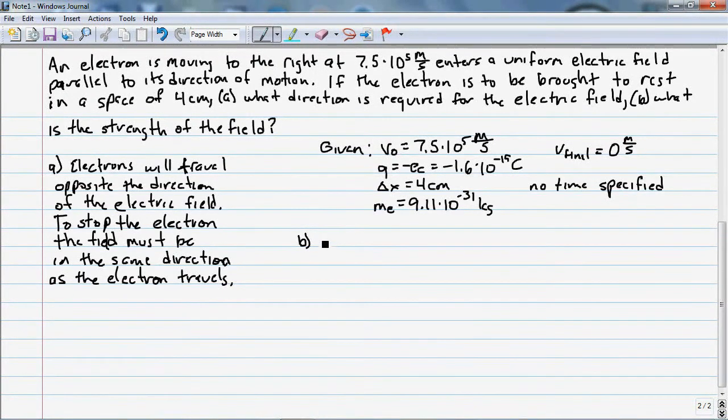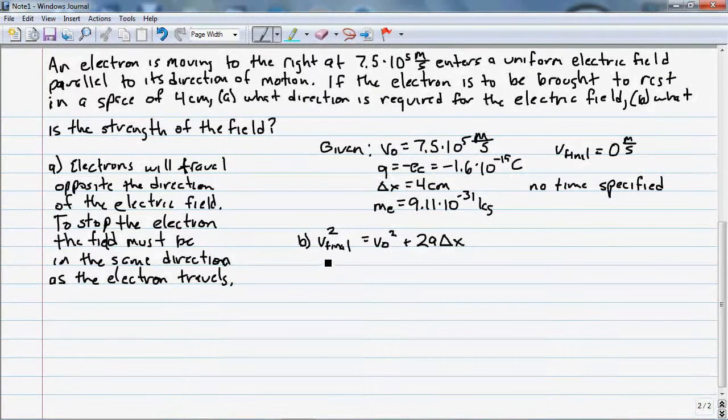So from 215, we want to use the formula V final squared is equal to V naught squared plus 2 times acceleration times delta x. You should be familiar with this formula, basic description of motion. I know V final, I know V initial, I know the distance, delta x. I don't know the acceleration. This is what I need to find.